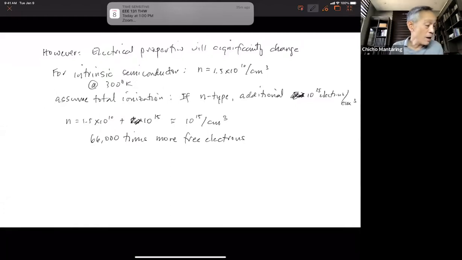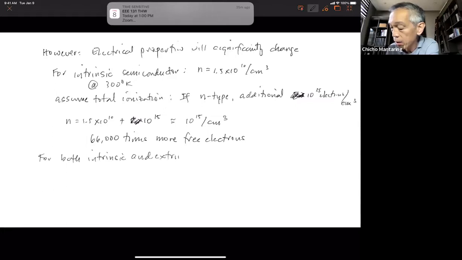Okay, I have to discuss this. For both intrinsic and extrinsic semiconductors, the product of N and P is equal to Ni squared.